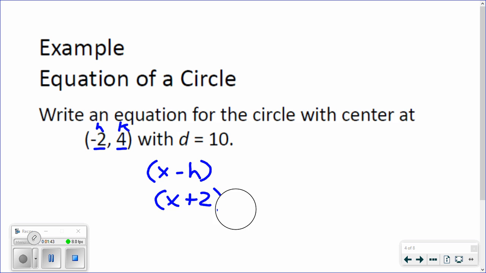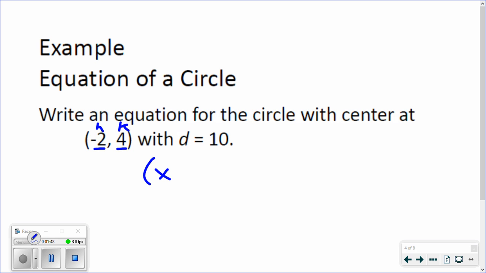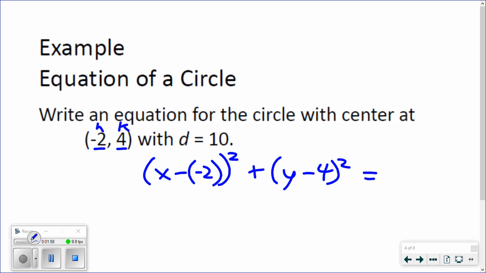Another way to look at that is x minus a negative 2 squared plus y minus 4 squared equals the radius squared. The diameter is 10, so the radius would be 5, and remember we want the radius squared.